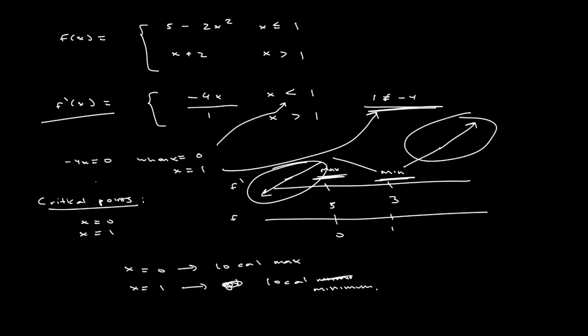Once we have all those critical points, we must analyze the behavior by drawing out how f prime is acting around those points. And then once we've found the maxes and mins, our final step is to classify them as local or global. If something's a global max, it must be the highest value the function ever takes on.